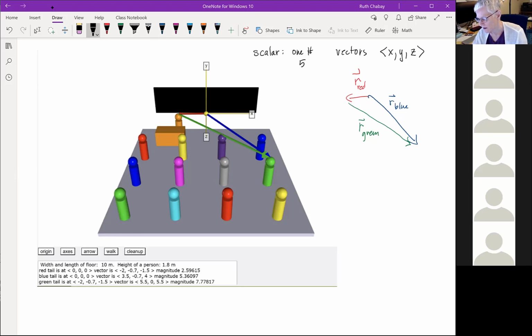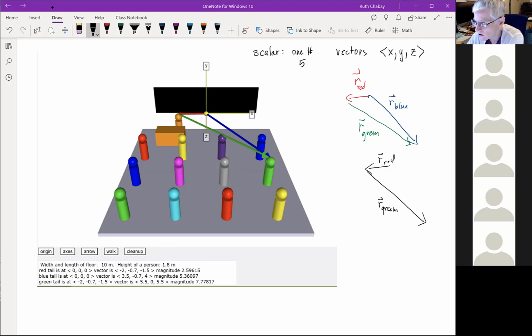So in this case, if we think of a journey made by, say, a moth, which started at the origin and flew to the top of the instructor's head, and then flew to the top of the green student's head, we could say that first the moth did this, R red, and then it went this way, R green.